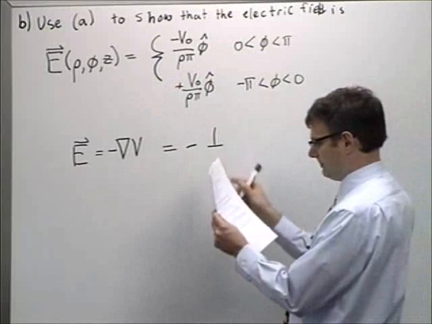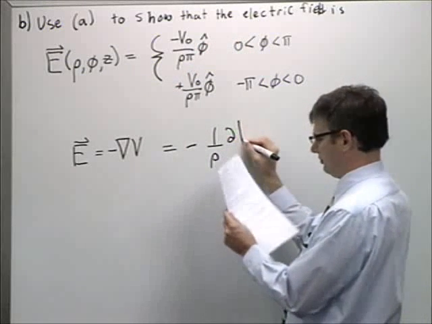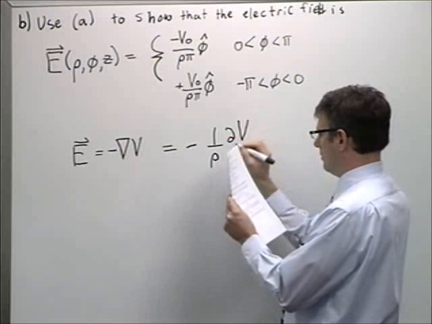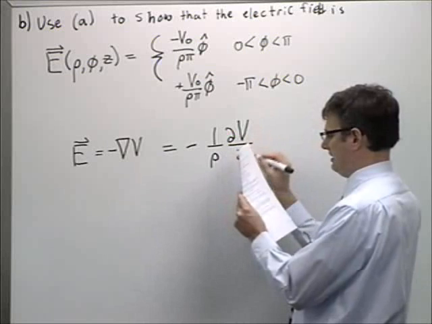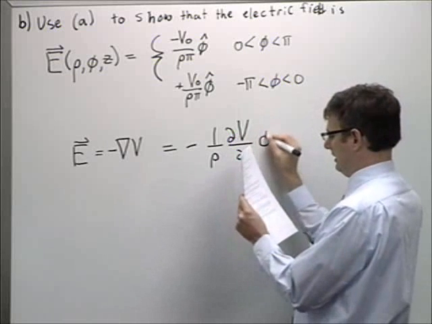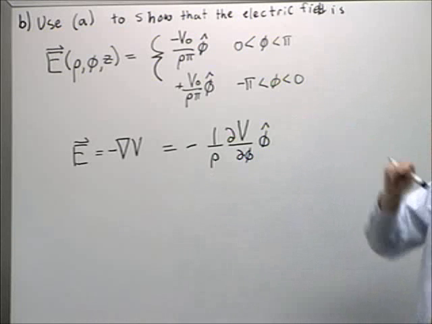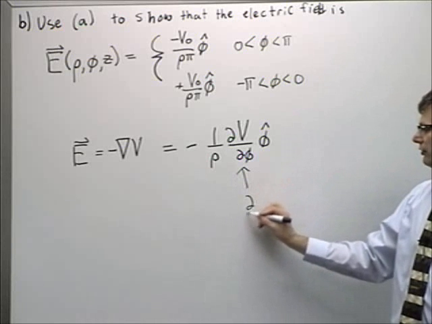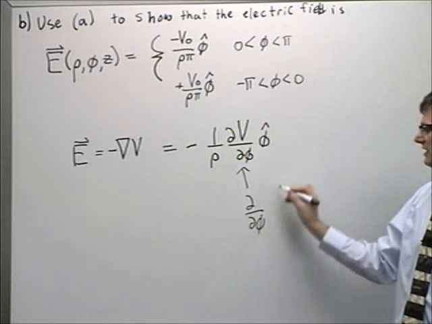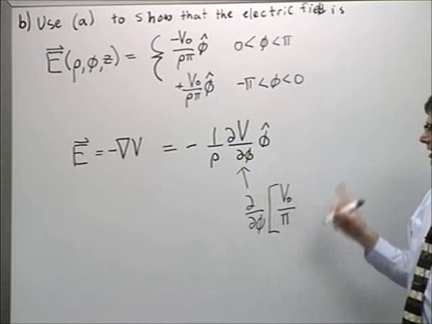So here, I get 1 over rho times the partial derivative of V with respect to phi, stick it on the phi hat. Well, I've got that solution over here. This is the partial derivative with respect to phi of V naught over pi times phi.